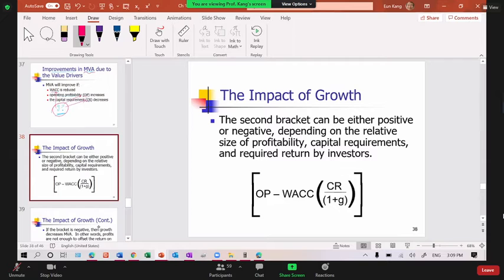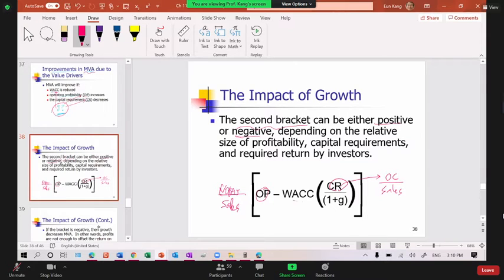So the second bracket can be either positive or negative, depending on the relative size of profitability. OP is operating profitability, that is NOPAT over sales, right? And capital requirement is operating capital over sales, right?